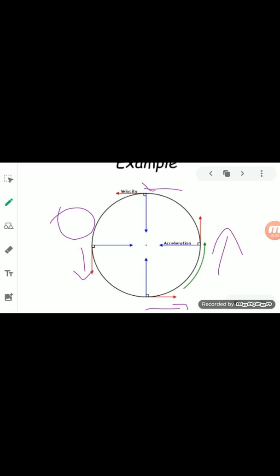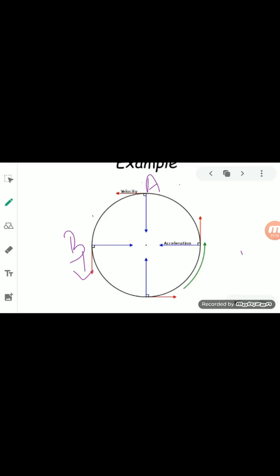We can understand with the help of an example. Suppose this is a point A and this is a point B, and suppose we tie a stone to a thread and rotate that stone in a circular path with the uniform speed.